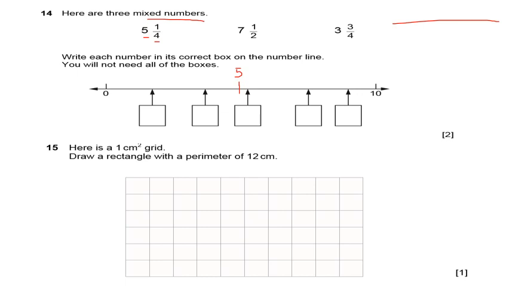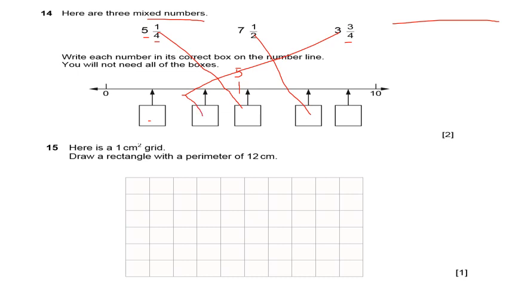So my 5 1/4, of course, will go in here. My 7 1/2, well, if this is 5 and this is 10, this is too close to 10, so my 7 1/2 will go in here. And again, 3 3/4. If I consider this here, it is less than 5, more than 3 definitely, so my 3 3/4 will go in here.